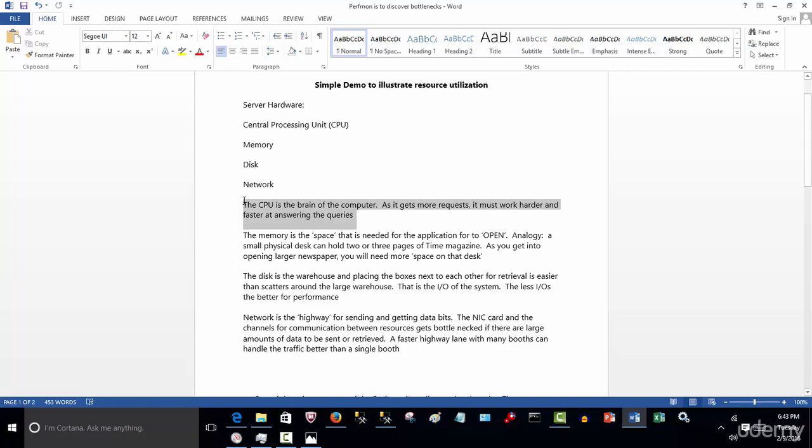When we talk about monitoring the CPU, we're talking about the brain of the computer. As it gets more queries, it must work harder and faster in answering queries. Imagine you have a computer that's 10 years old. Let's say it can handle, for example, 1,000 questions per second. That's fine.